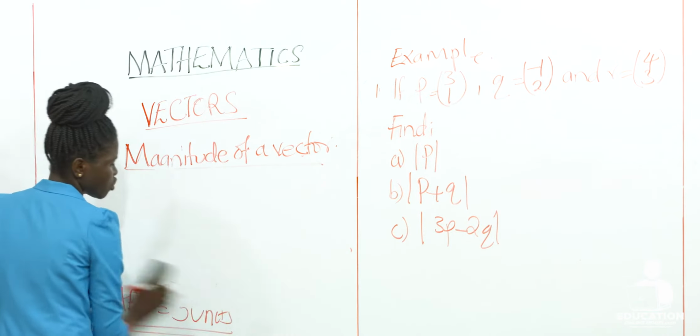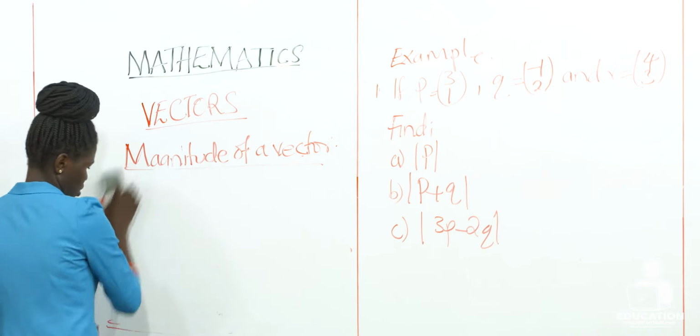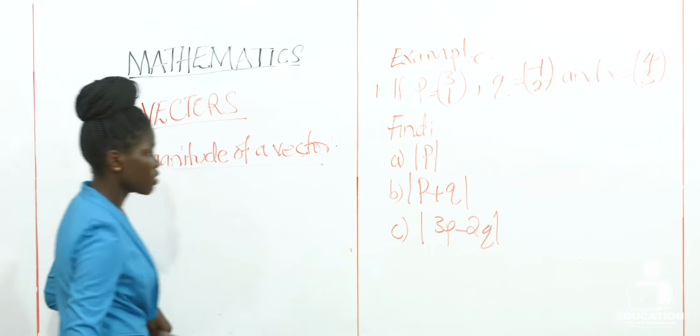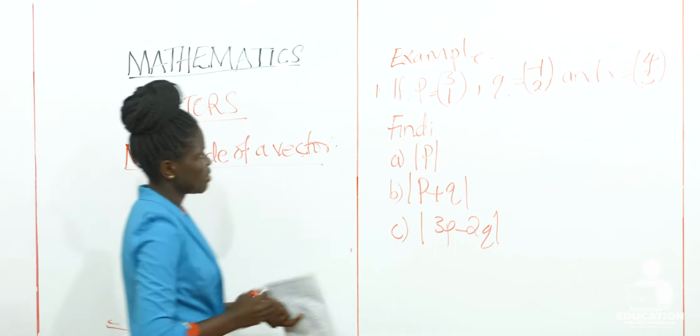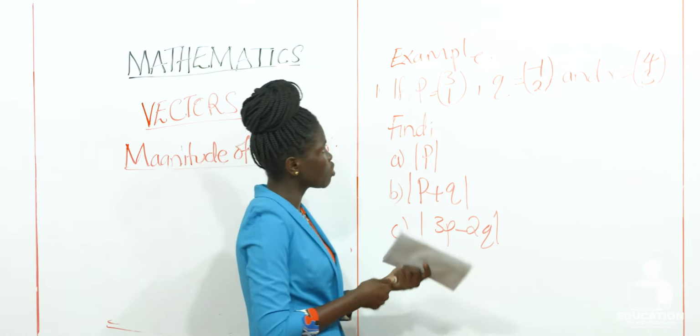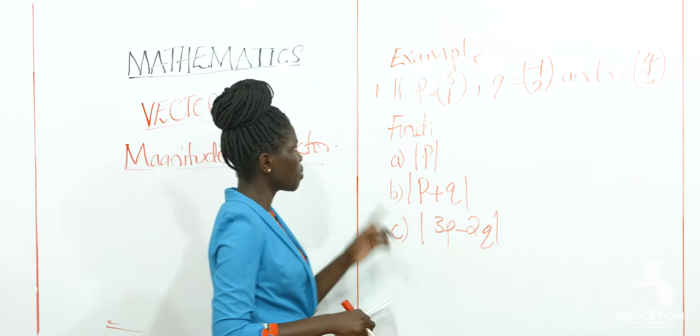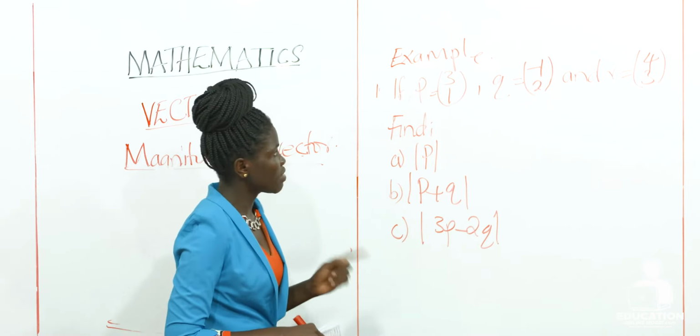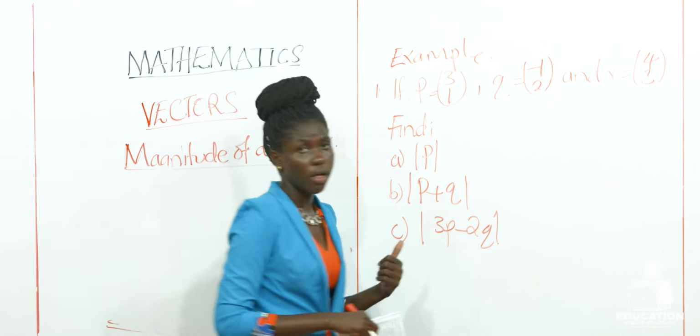So let's have the solution for these numbers. We are being asked to find the length of those given letters. But we need to first know the values of each of the letters being given. For example, P is 3, 1, Q is negative 1, 2, and R is 4, 3.